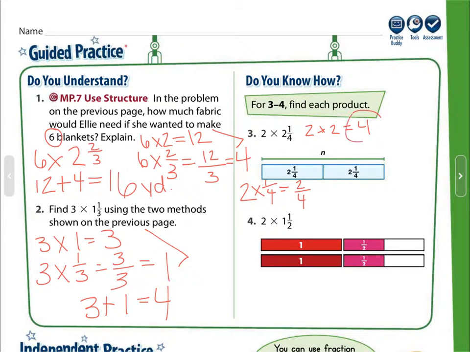So I'm going to add my 4 and my 2/4. So it's 4 2/4. Now you might notice that you can rewrite 2/4 using an equivalent fraction. And we know that 2 is half of 4, so 2/4 is equivalent to 1/2. So you could write it as 4 2/4 or 4 1/2.